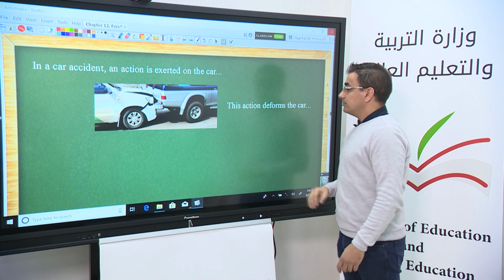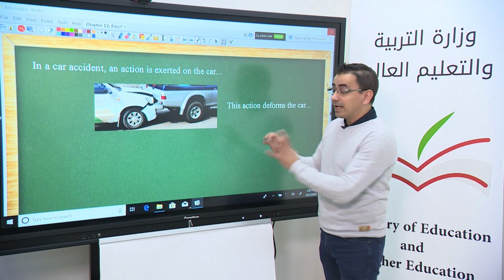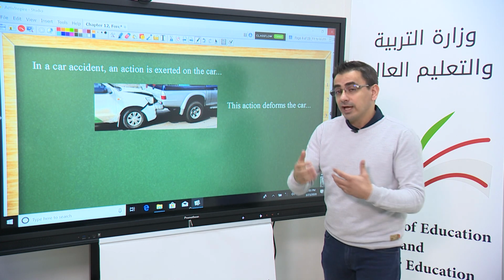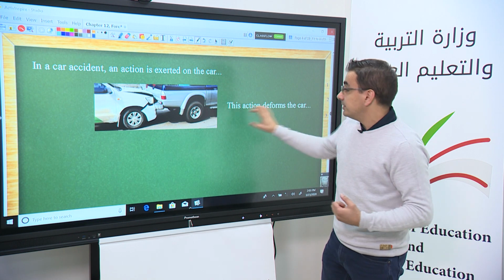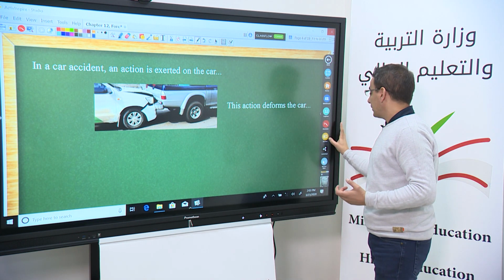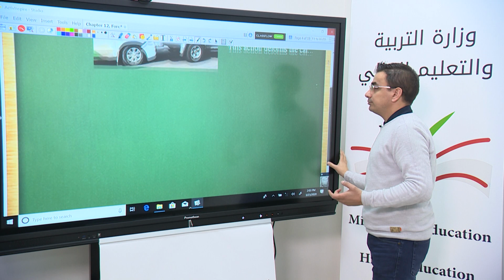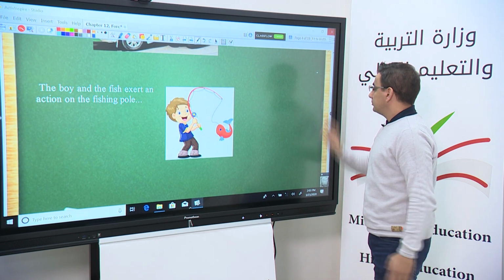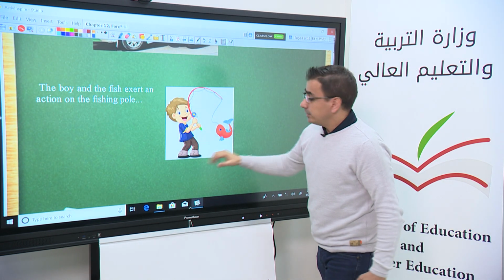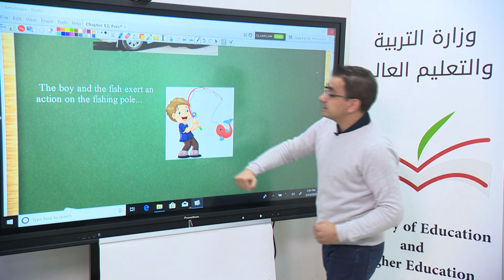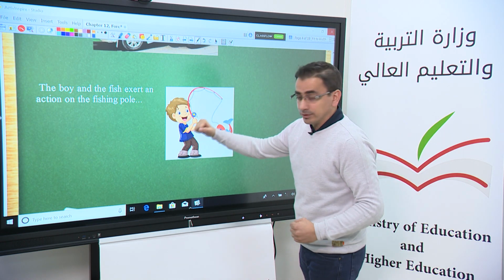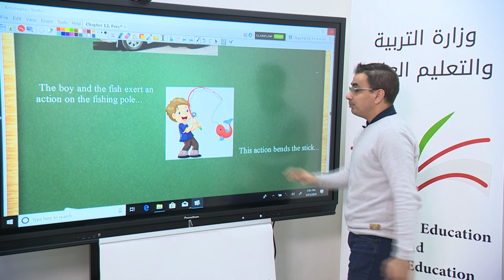Thus, we have deformation. So here the mechanical action did something other than setting motion or stopping motion: we have deformation. In another example, a boy with his fishing pole and the fish on the other side exert some action on the pole here, and that action bends it.